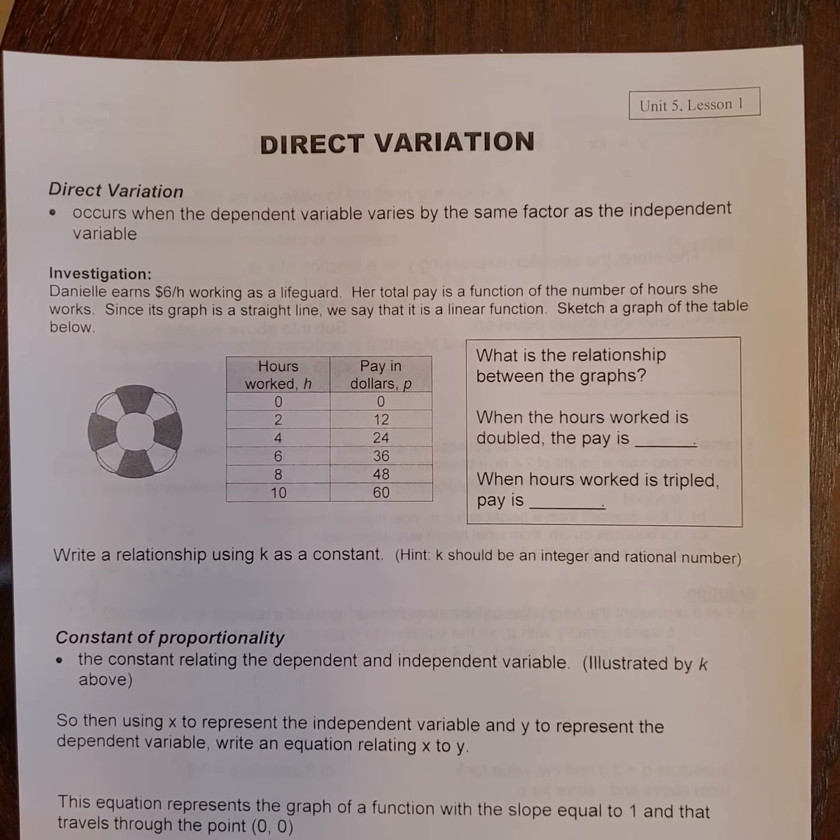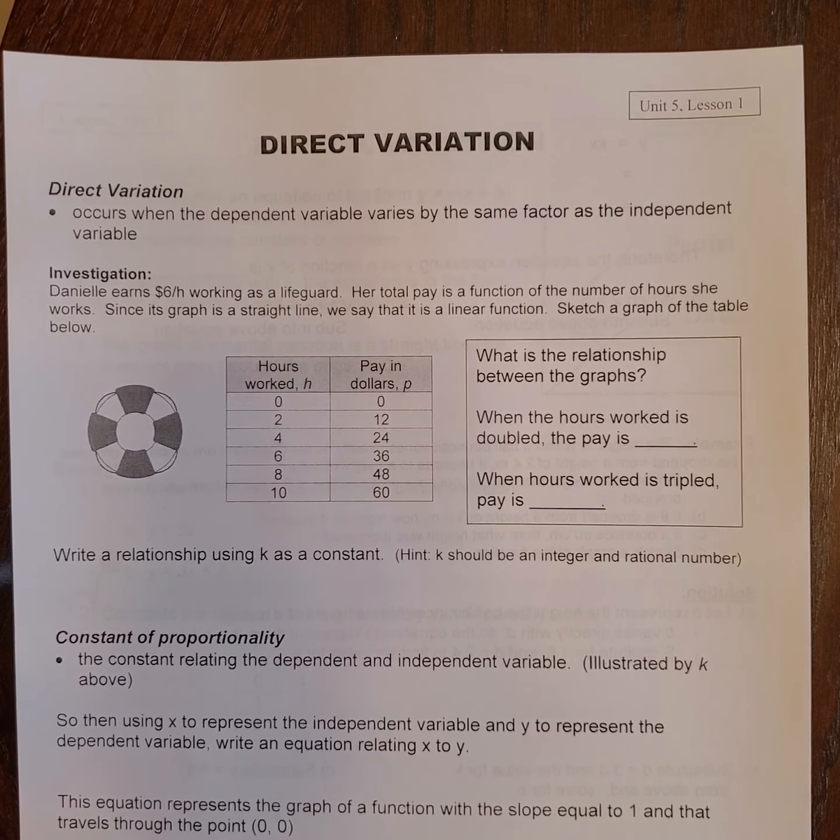So k is equal to y over x. And if we substitute our numbers, let's say I pick this one right here, 12 and 2. So 12 divided by 2 equals 6. So therefore, k is equal to 6.